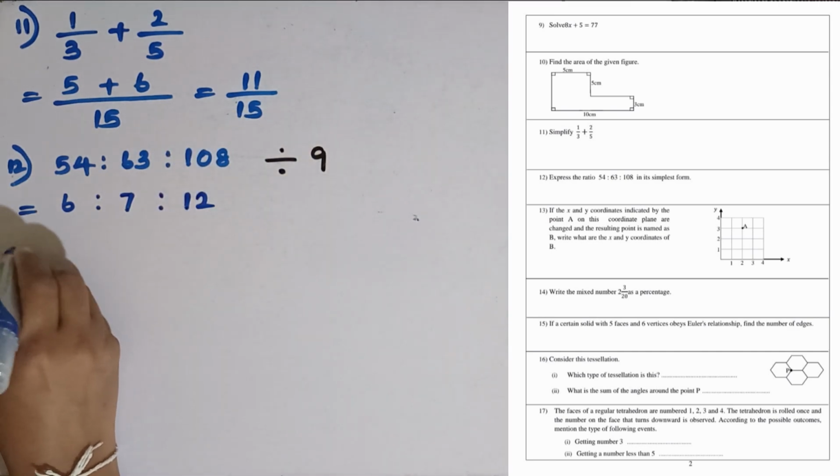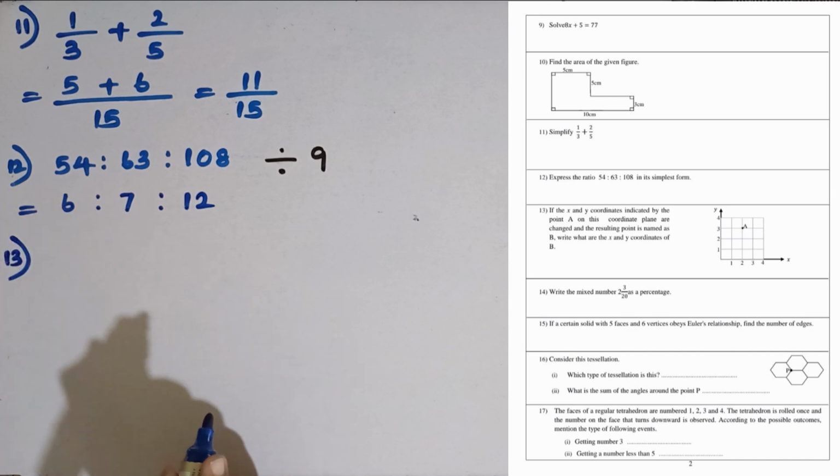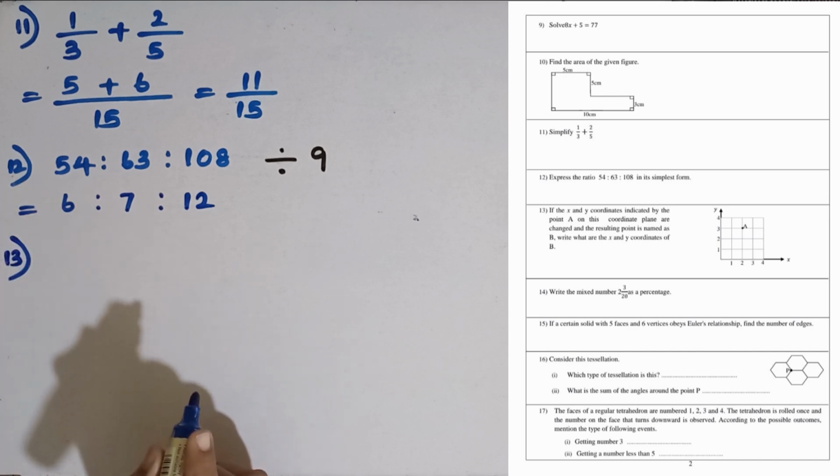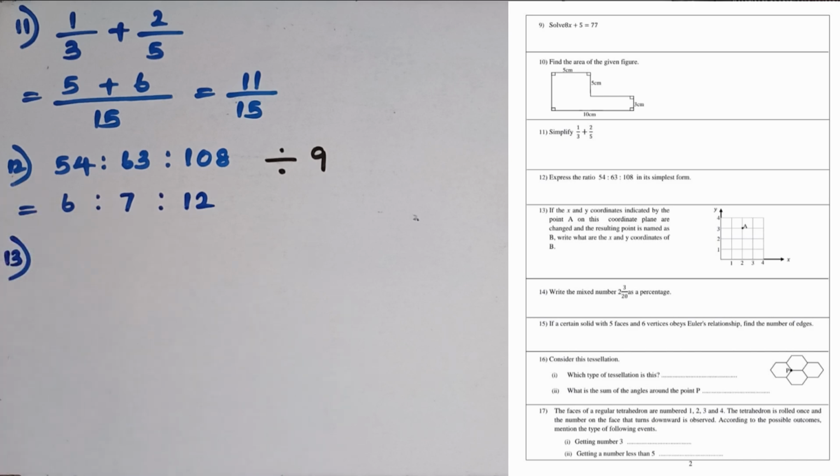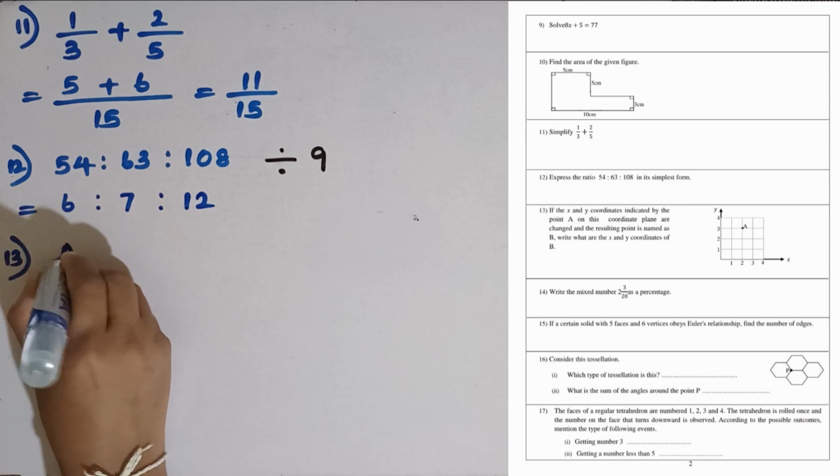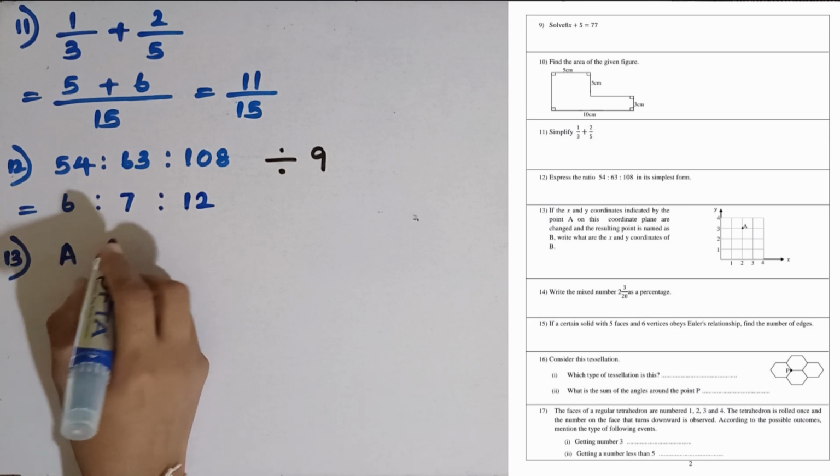Question number 13. If the x and y coordinates indicated by the point A on this Cartesian plane are changed and the resulting point is named as B, write what are the x and y coordinates of B. Here in point A, the coordinates are 2, 3.